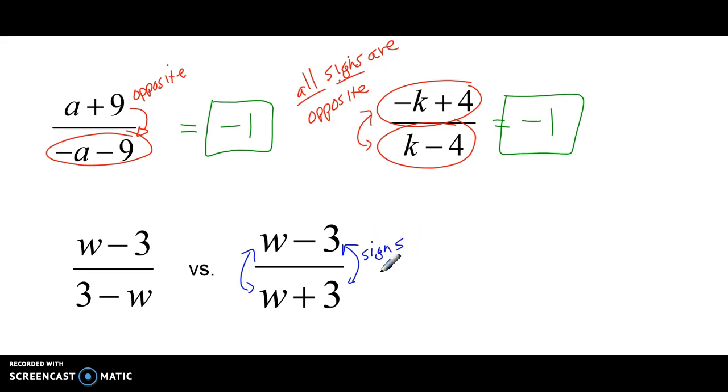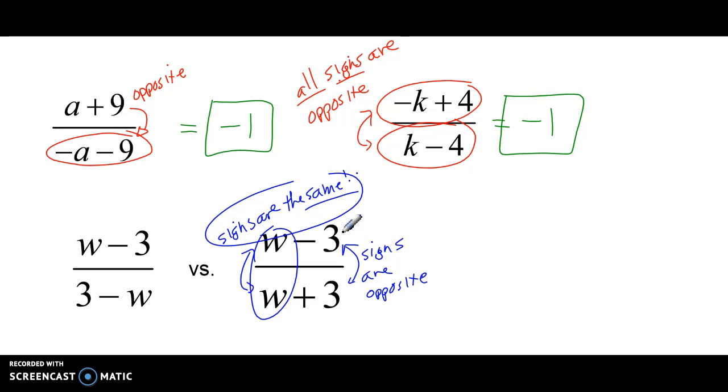For the 3's, the signs are opposite, but if you look at the w, the signs are the same. So overall, because the w's match, you cannot cancel in that fraction. The answer to that reduced fraction is w minus 3 over w plus 3. There is no simpler way of writing it.